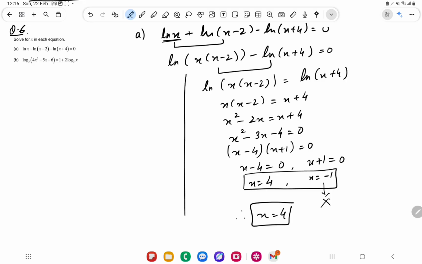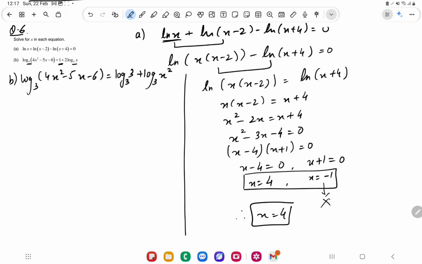Now, in the B part, we have log with base 3 here, log with base 3 here. So we have to convert first this 1 into log with base 3. So I can write it as 4x square minus 5x minus 6 with base 3. 1 I can write as log 3 with base 3, plus I can put this 2 in the power.